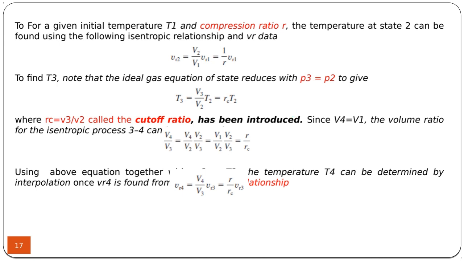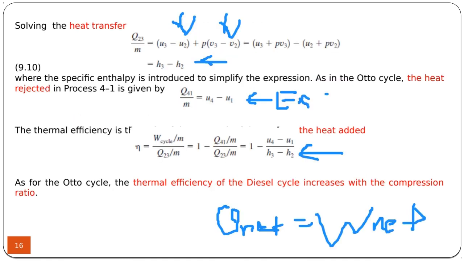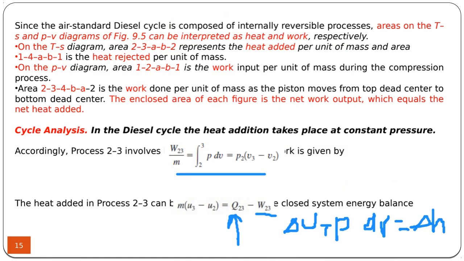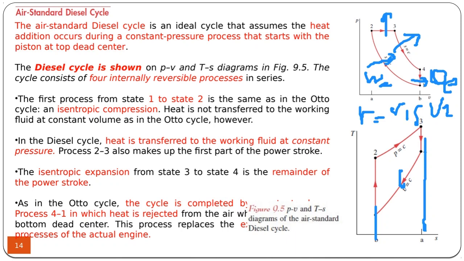And you can also use the cutoff ratio to define the V4 over V3, because as you can see here, V4 over V3 is the ratio of the volume of 4 to the volume of 3, and we have already the cutoff ratio here.